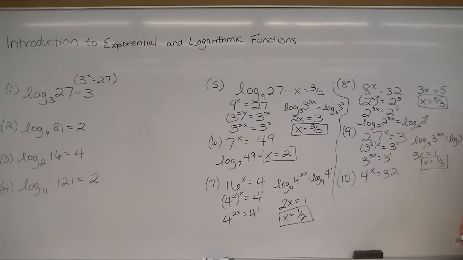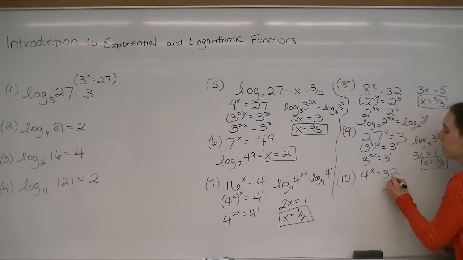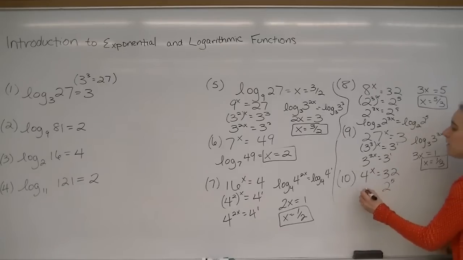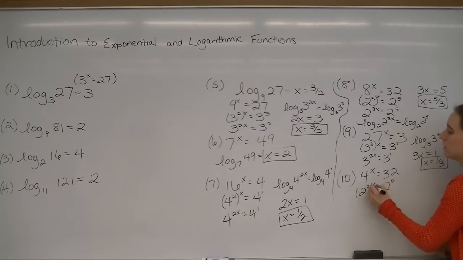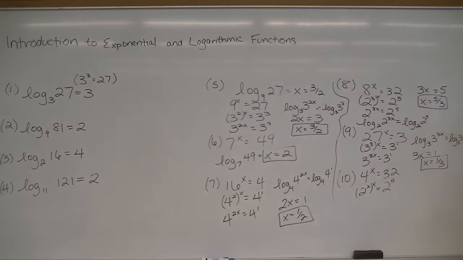Now let's look at this one. So we have 4 to the x is equal to 32. Well, powers of 4: 4 to the 1st is 4, 4 squared is 16, and then 4 to the 3rd is going to be 64. So just like up here, we skipped over 32. But I know that this is 2 to the 5th. We already figured that out up here. And I know that 4 is 2 squared, so let's put that in. And those two things are equal.